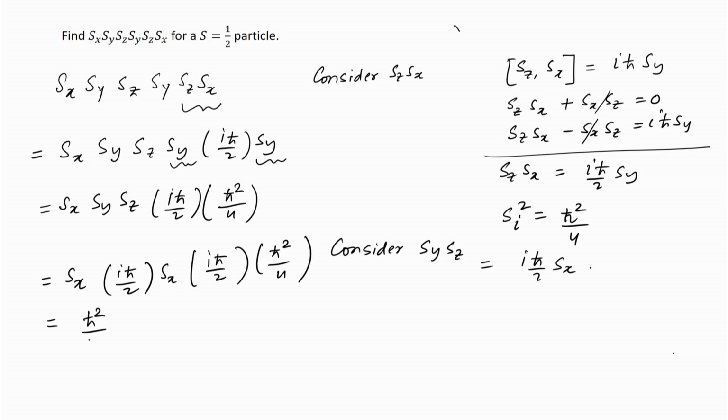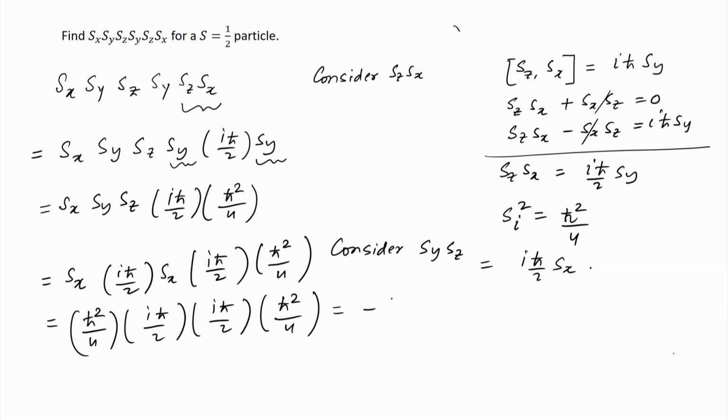So, it is ħ²/4, then iħ/2, and then iħ/2, and then ħ²/4. If you simplify it, because there are two i's, this will be minus i squared, and one gets minus ħ² over, there is a 16 and 4, so 64. So, that is the answer to this simple spin algebra.